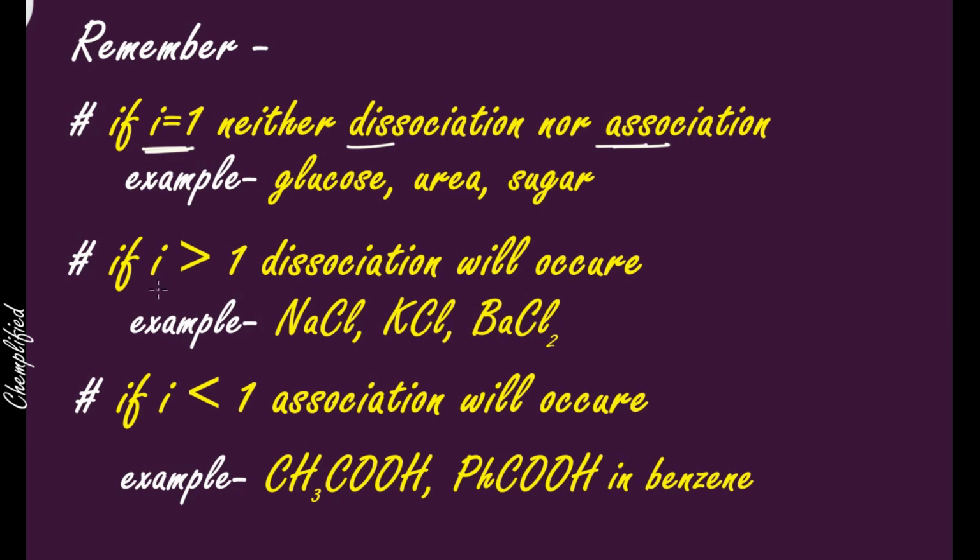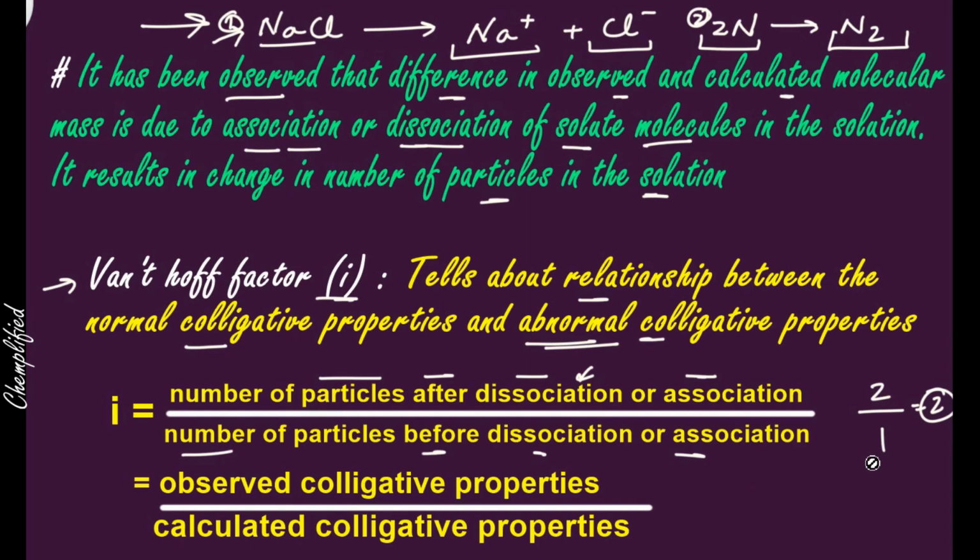Second, if i is greater than 1, it means dissociation will occur. You already know that when we calculated this, the value of i was 2. So in this case dissociation is occurring, right?